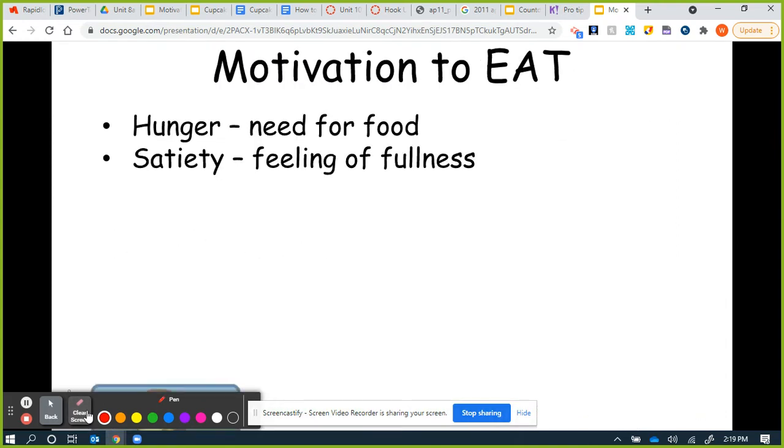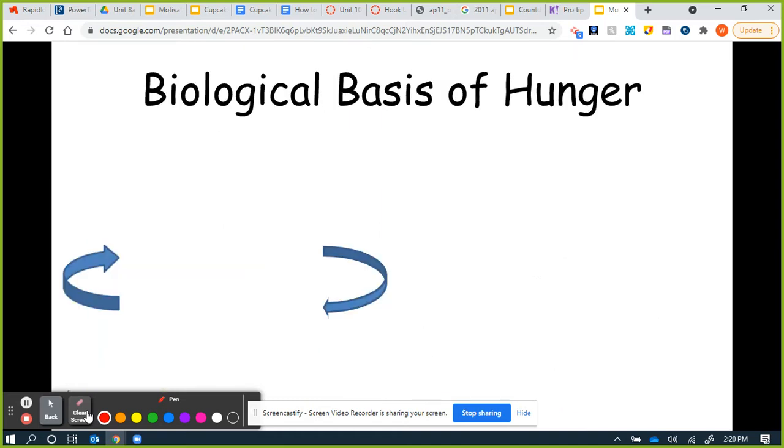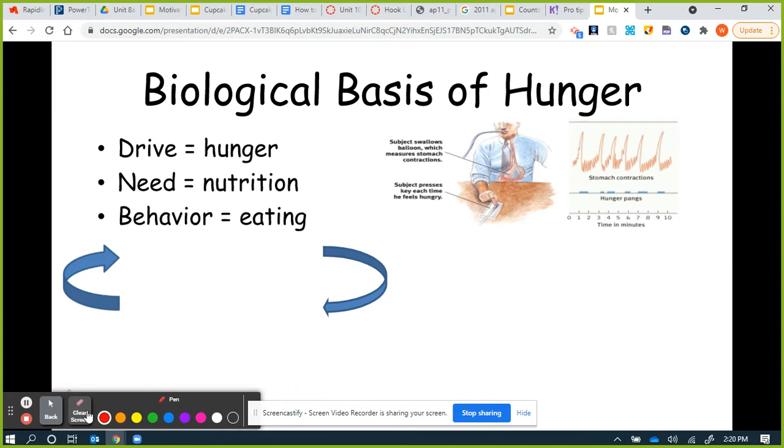Okay, motivation to eat. Obviously hunger is the need for food, and satiety is the feeling of fullness. We mostly need to know about the biological basis for eating.